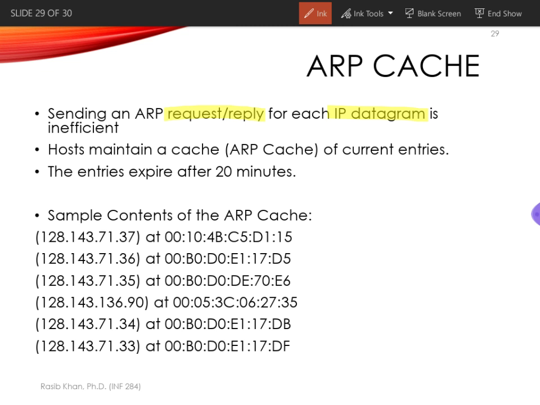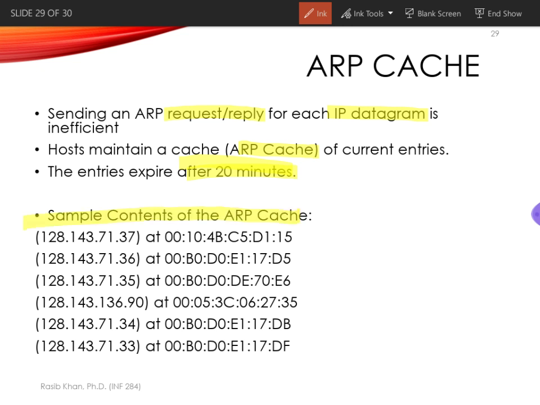So this is where the concept of an ARP cache comes into play. The idea is that each host will maintain a cache, which is basically a table of records for all the MAC addresses it has learned over the past 20 minutes. The time can be changed and can be configured, but this is the standard measure of time that we have for the ARP protocol.